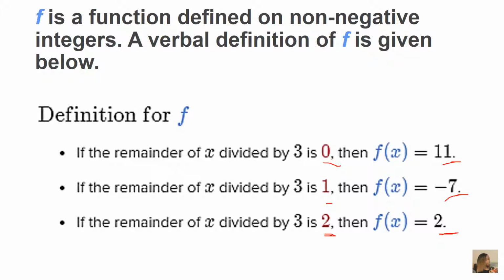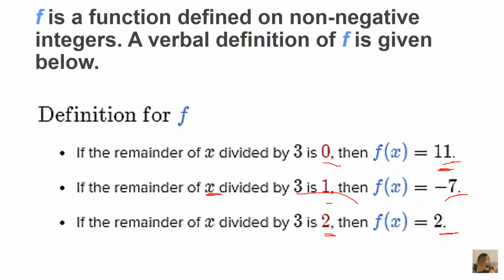Let's say x were 0, then 0 divided by 3 equals 0, therefore f of x is 11. Let's say x is equivalent to 1, then 1 divided by 3 would give you some value between -7 and 11, therefore it would fall somewhere in this range. Well, let's say that x were 4.